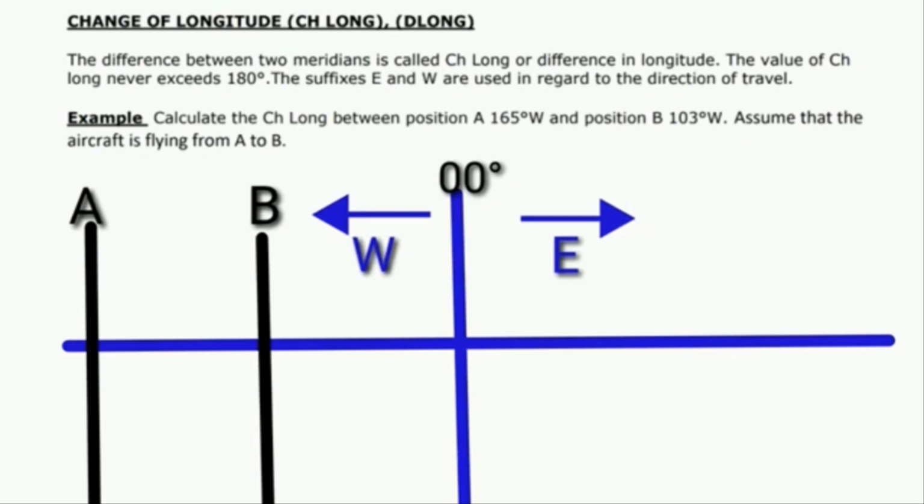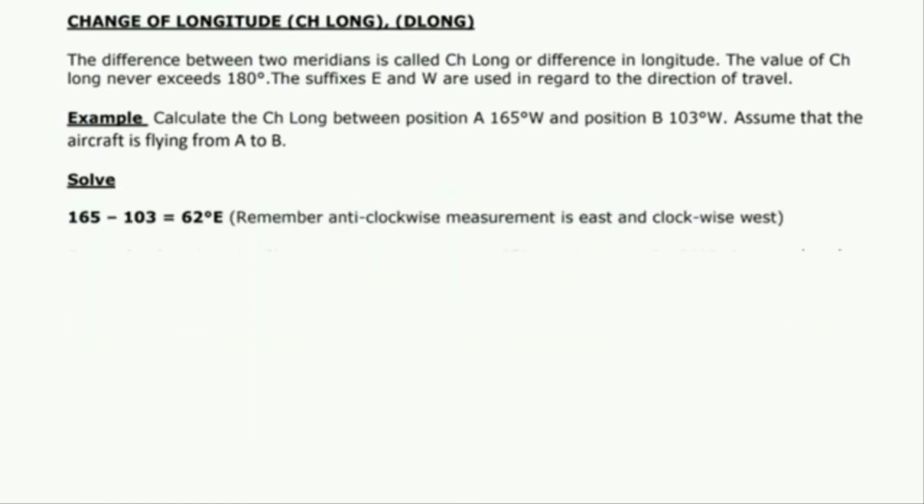So both places are west of the prime meridian. An aircraft is flying from A to B. So the difference between them will be 165 degree minus 103 degree. That will be 62 degree. But the correct way to write the answer is 62 degree east because the aircraft is moving to the east.